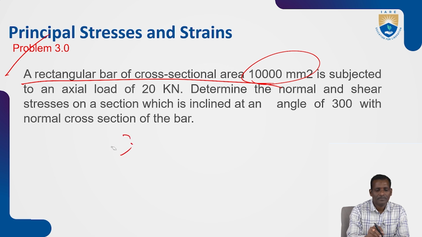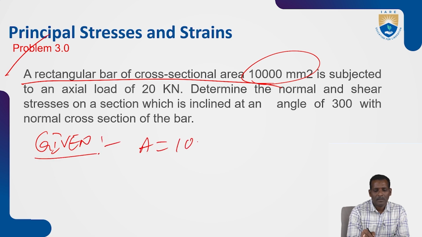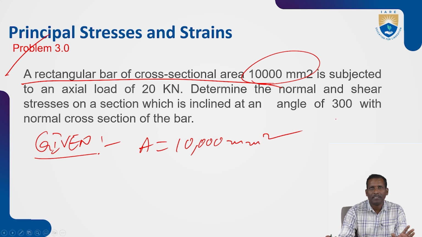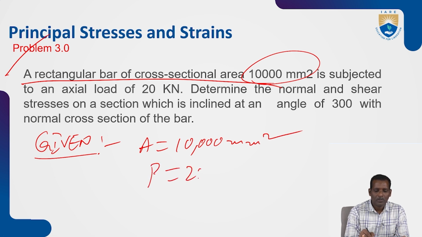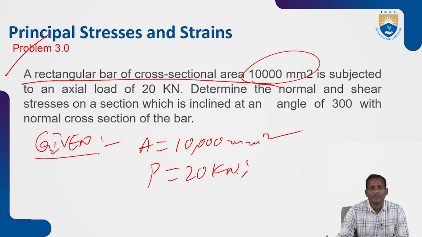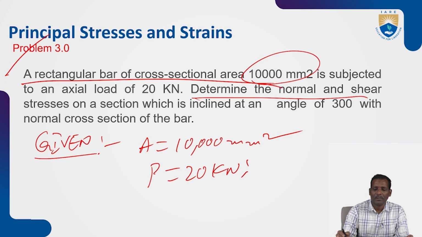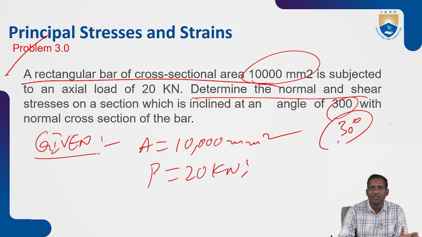It is subject to an axial load, also given, 20 kilonewtons. So determine the normal and shear stresses on a section which is inclined at an angle of 30 degrees with the normal cross section of the bar.